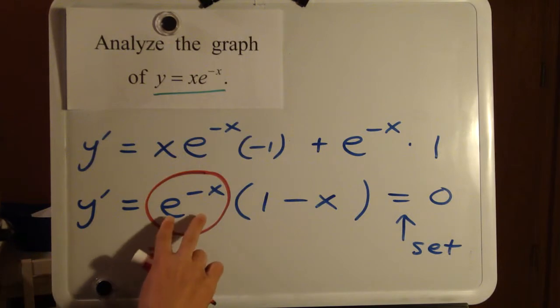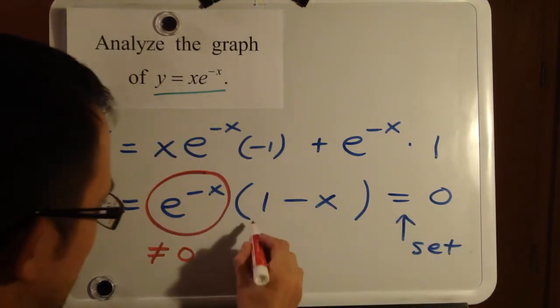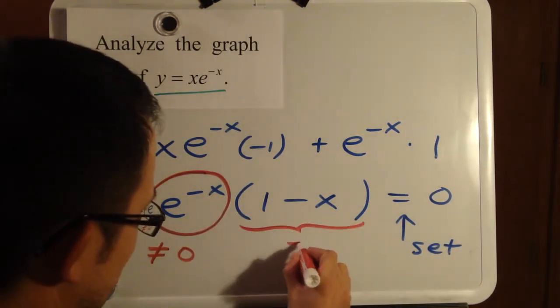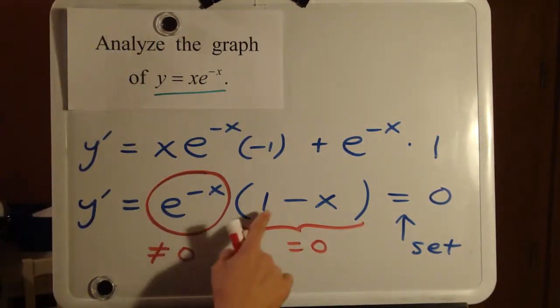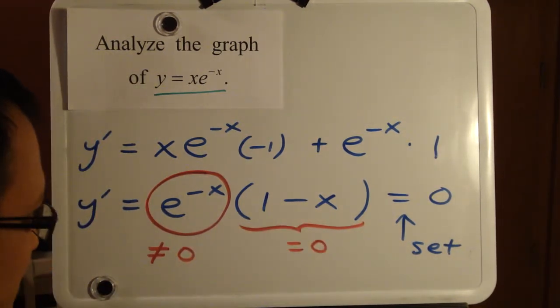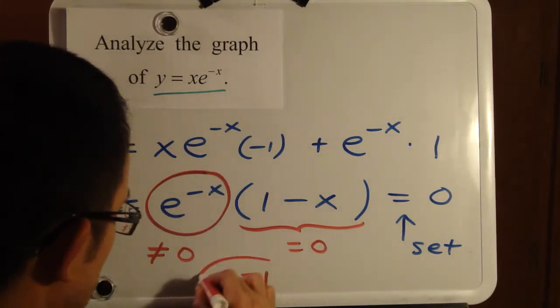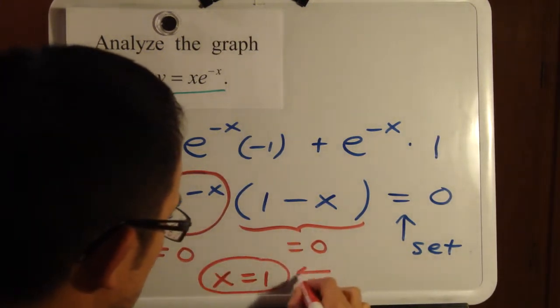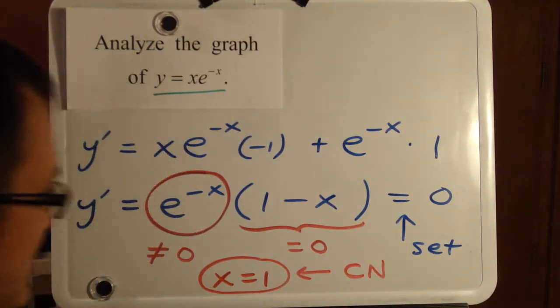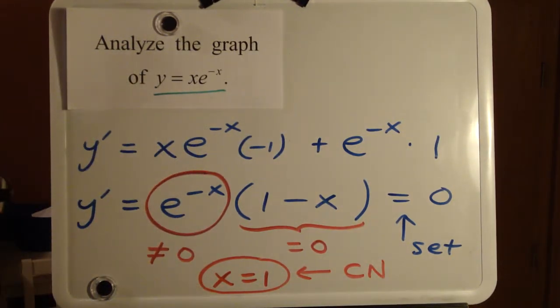So the only way you're going to have the product of these two equaling 0 is if this term here is equal to 0. You can see the only value for x where that's true would be x equals 1. So we have x equals 1 here, and this I will label as our critical number. That's the special number that we include on the number line.